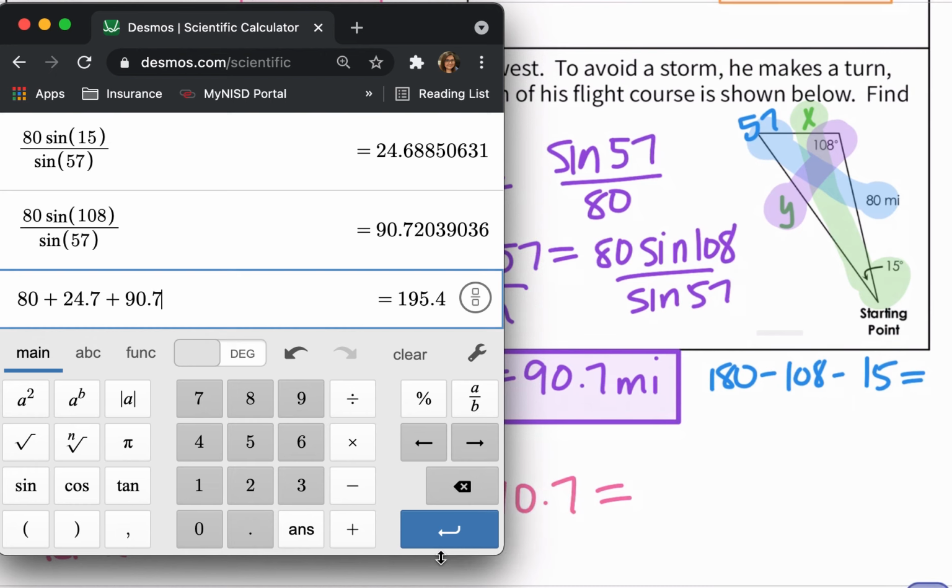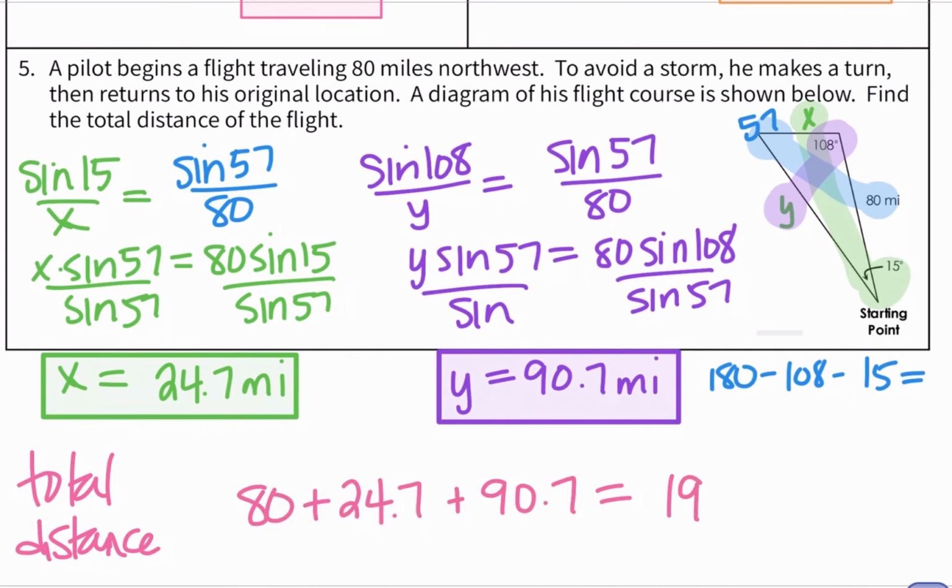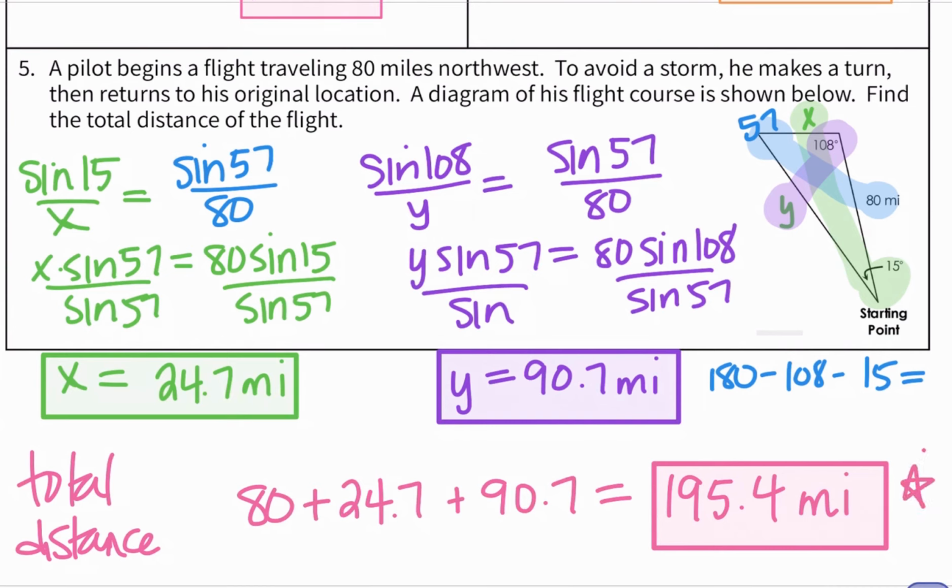Okay, now it gives us 195.4. So his total trip was 195.4 miles. I know I was boxing in all my answers, but really this is the final answer that they wanted.